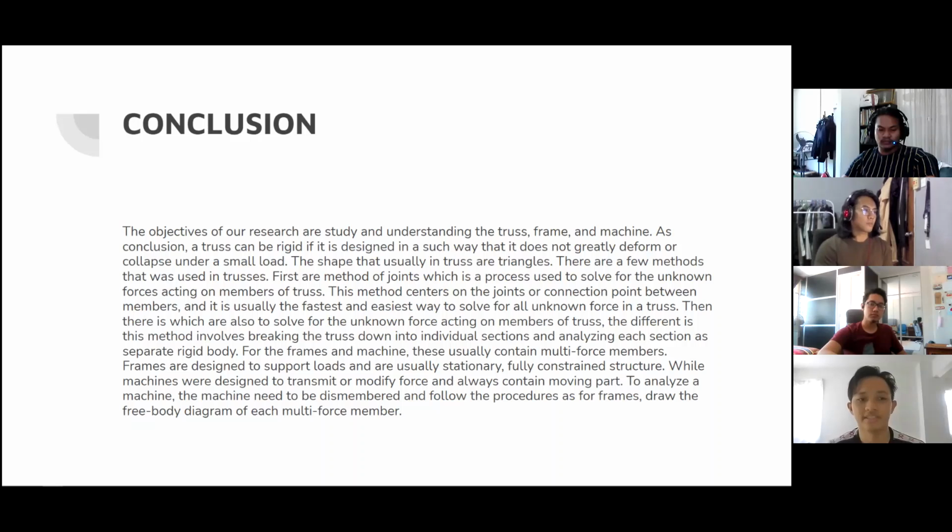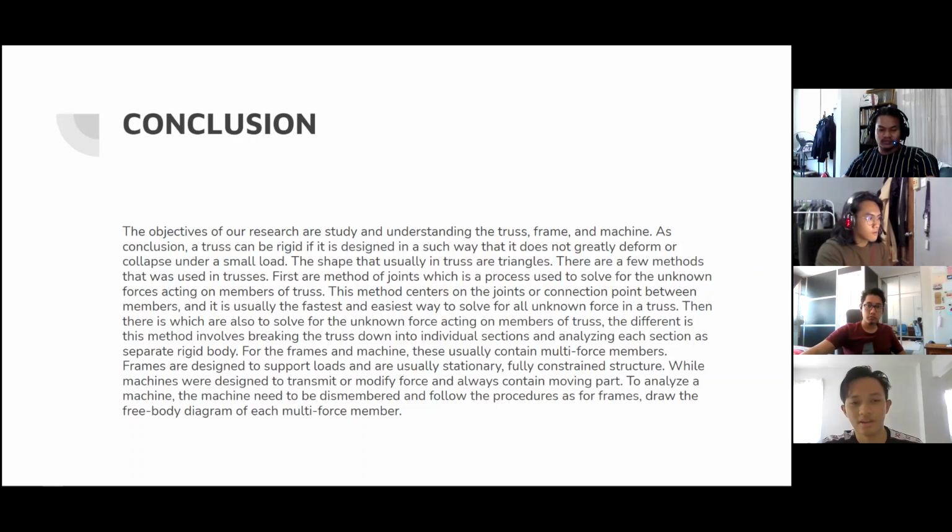There are a few methods that are used for trusses: the method of joints and the method of sections. The method of joints is the fastest and easiest to solve for all unknown forces in the trusses.